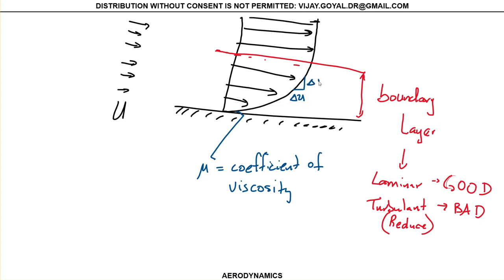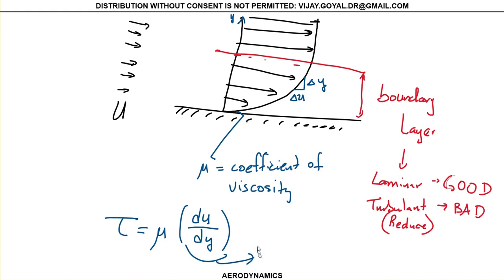This is delta Y. It actually goes in this direction. This is Y, in the Y direction. Then you can show that your tau is equal to the coefficient of viscosity times dU/dY, where this is nothing else than the velocity gradient.